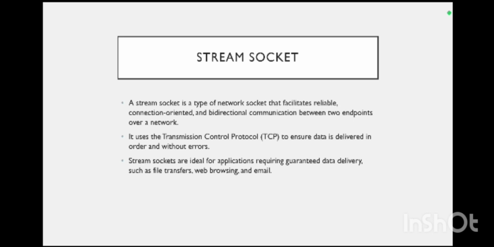It uses the Transmission Control Protocol, that is TCP, to ensure data is delivered in order and without errors. Stream sockets are ideal for applications requiring guaranteed data delivery such as file transfer, web browser and mail. Basically, file transfer, web browser and email are main examples of sockets.